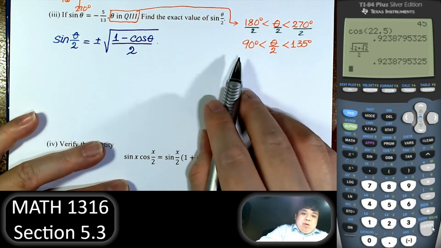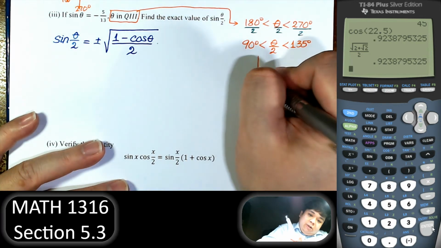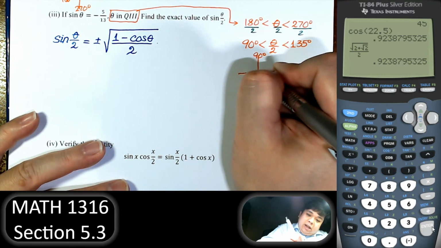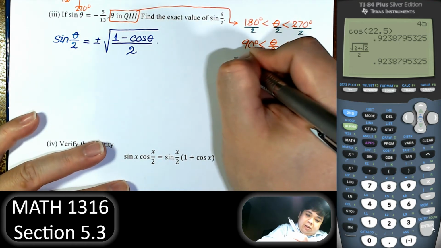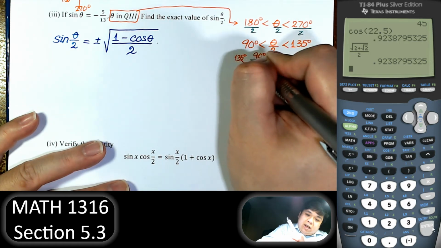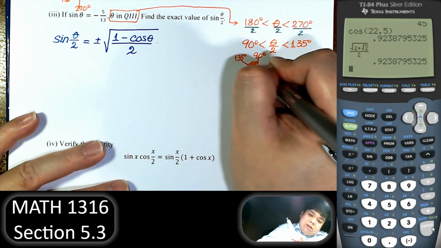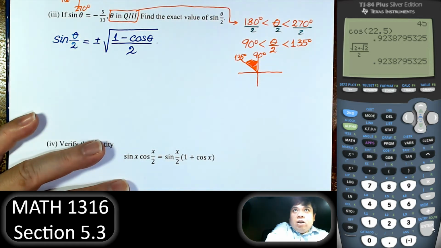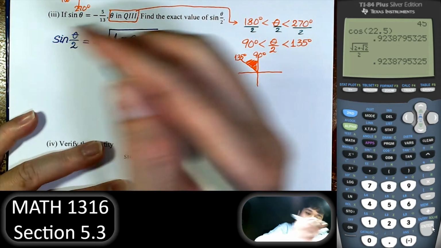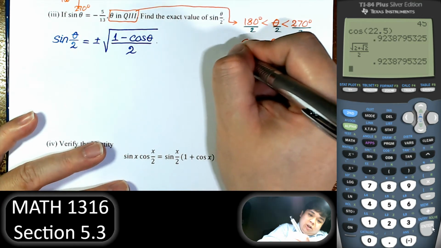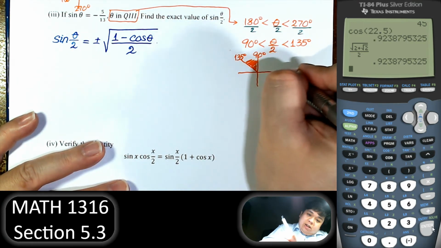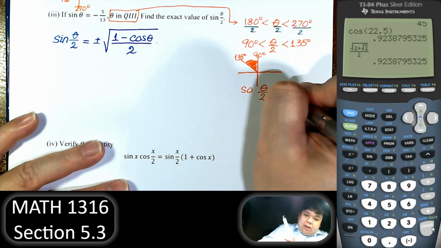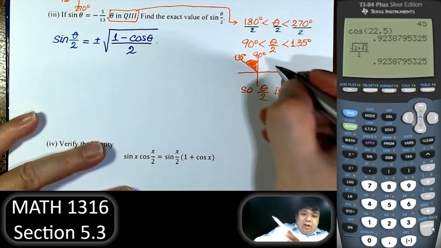Now, if it is between 90 and 135, 90 degrees, of course, is here, and 135 is there. So we're talking about this part, which is in quadrant 2, right? Because that belongs to quadrant 2.